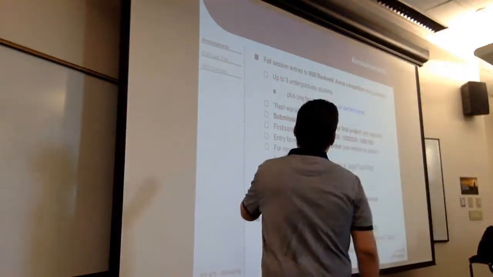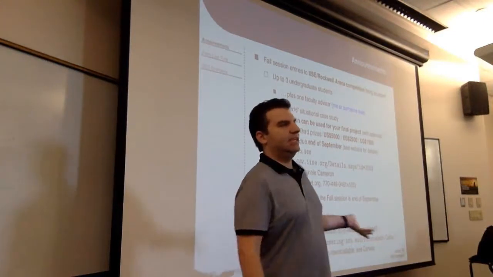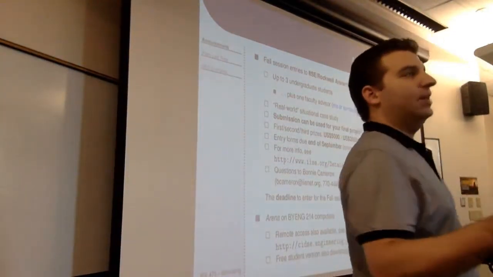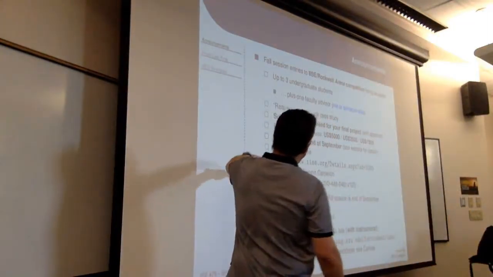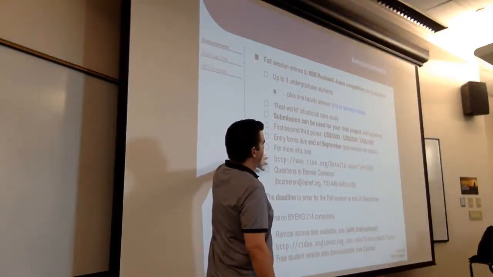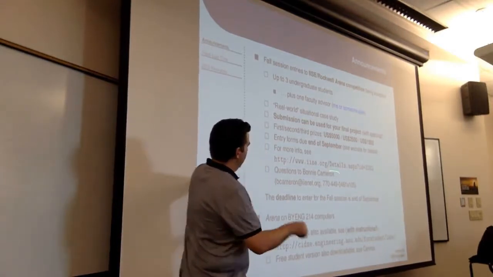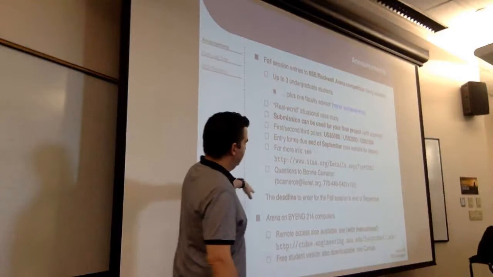And so we highly encourage ASU students to take part in that because we love to have ASU representation, but it's no pressure. And so if you're interested in this, these slides are online. You can take a look at the website here, or you can email Bonnie to ask specific questions.